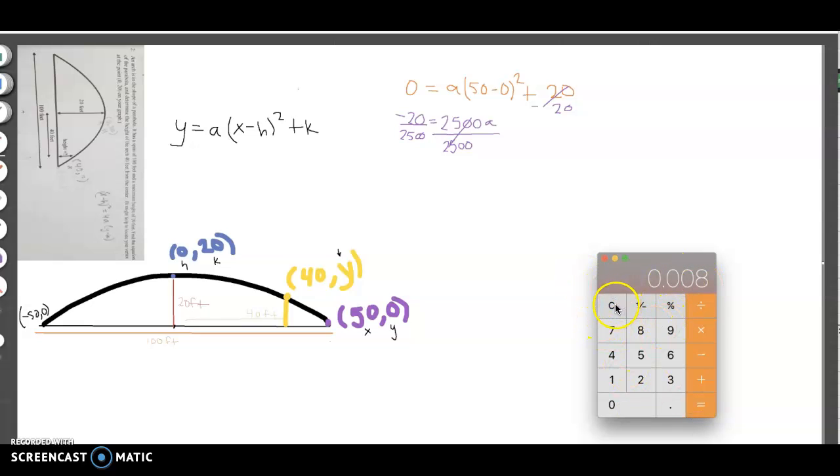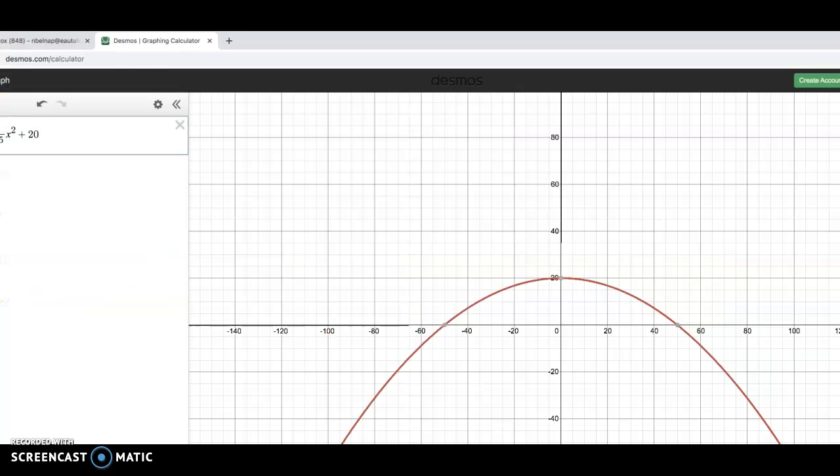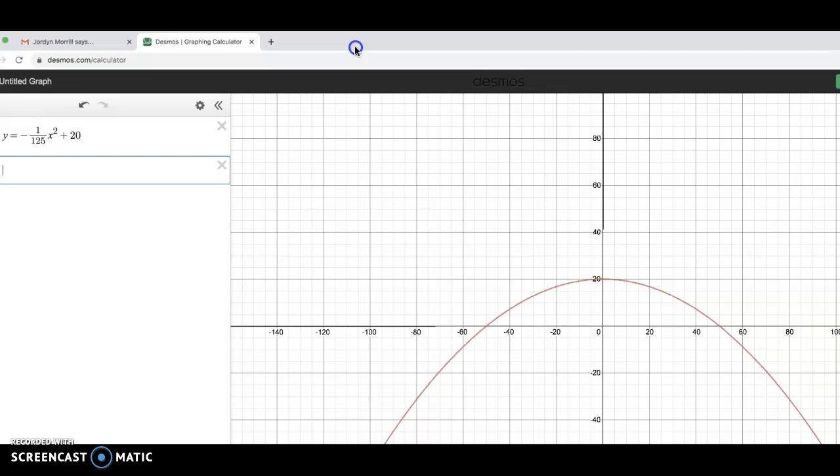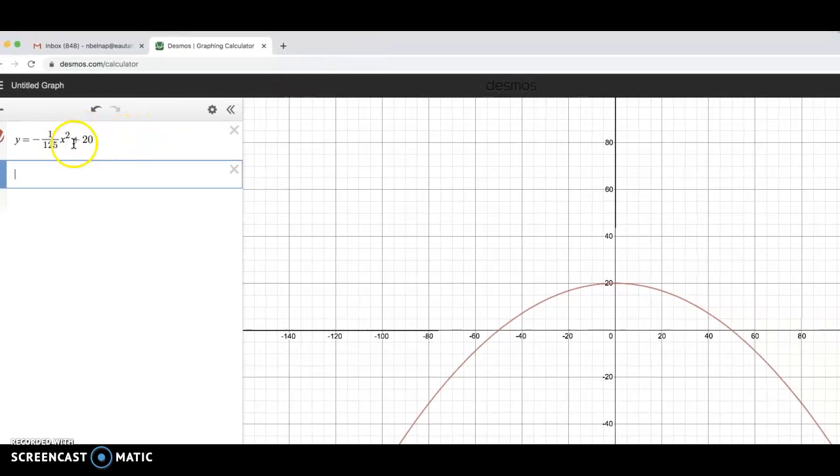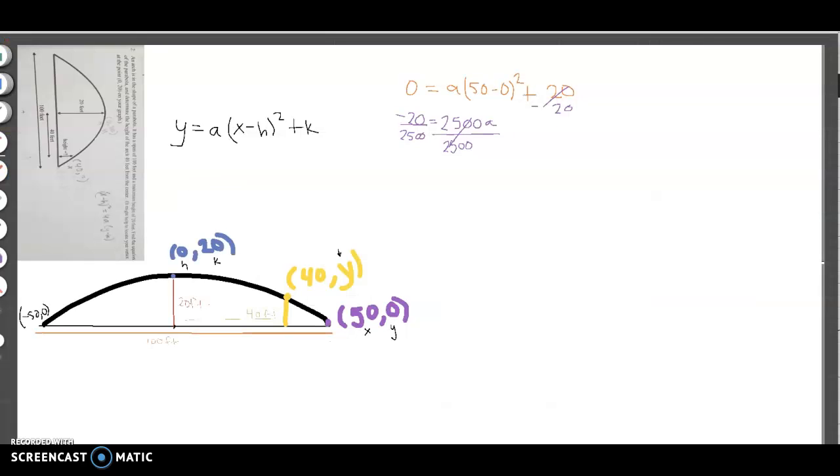So I think that was 1 over 125, but let's put it on Desmos really quick to see, because I graphed it, but I want to make sure that that's what I had done. Let's change that to a fraction. Yeah, that's where I got the 1 over 125.